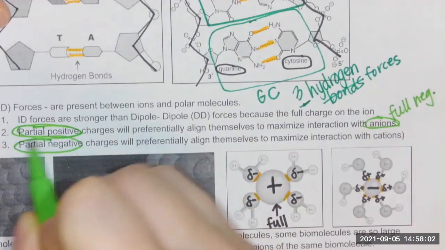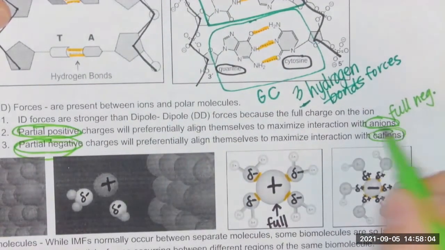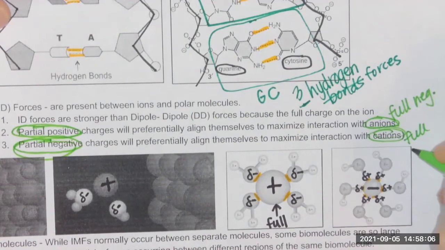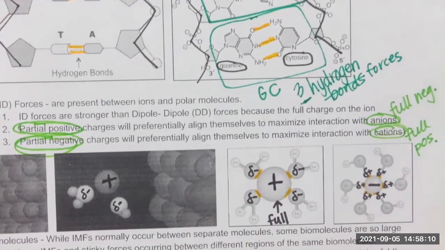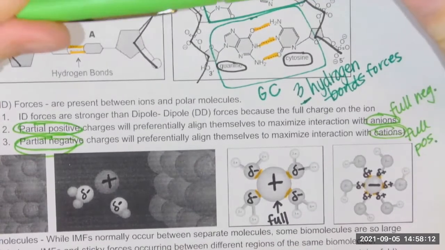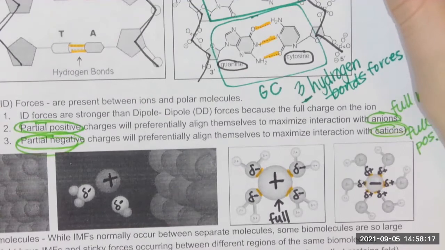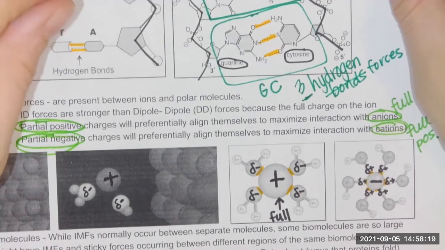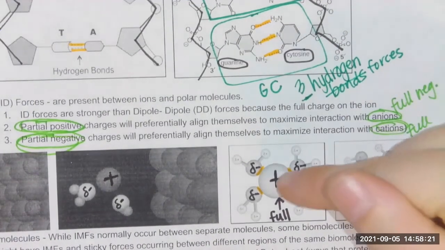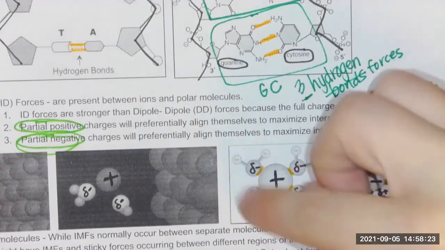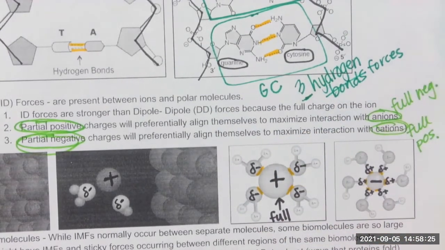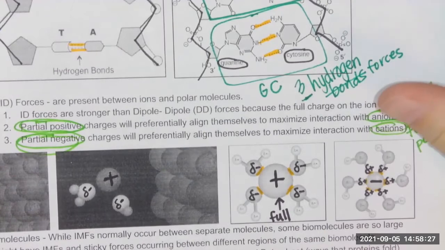The partial negatives are going to line up with the cations, which have that full positive charge. It's usually the easiest one to recognize because the pictures just look different. It's one thing in the center and everything around it, preferentially orienting.